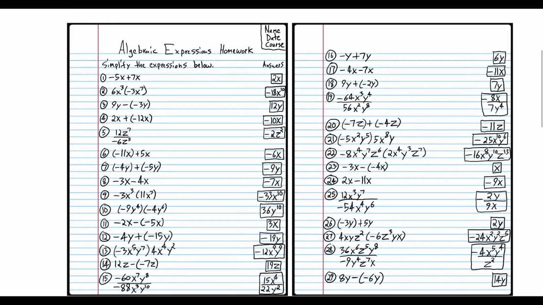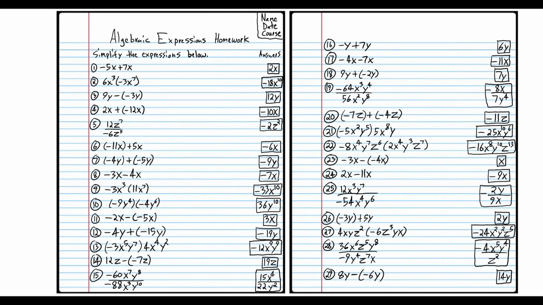And for these problems, you really don't have to show a lot of work. In fact, you really don't have to show any work, because you can just get the answer by doing it in your head. But you need to cover these answers. Don't look at them. Be sure that you can figure out the answer, and then check it after you produce the answer. And again, title your paper, put your name, date, the course, everything, and you need to keep this in order in your binder. You need to keep a record of your homework.